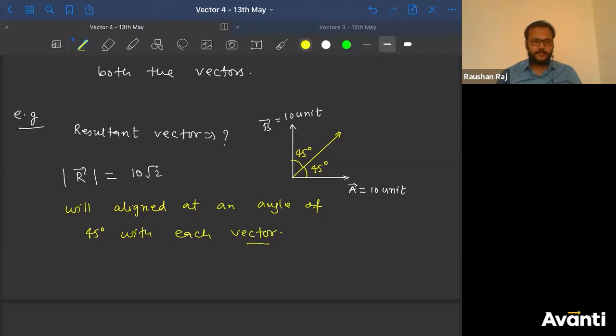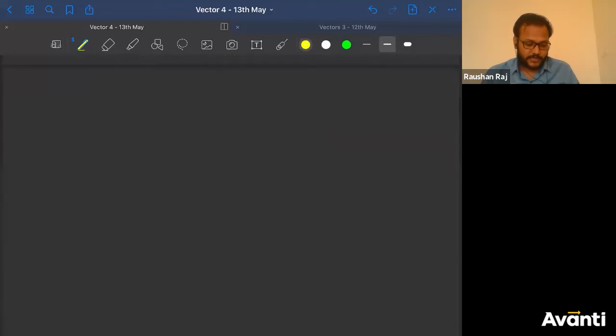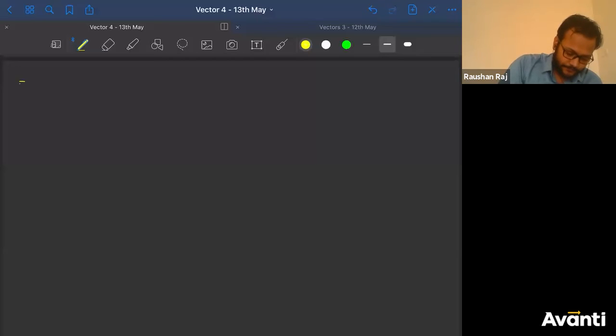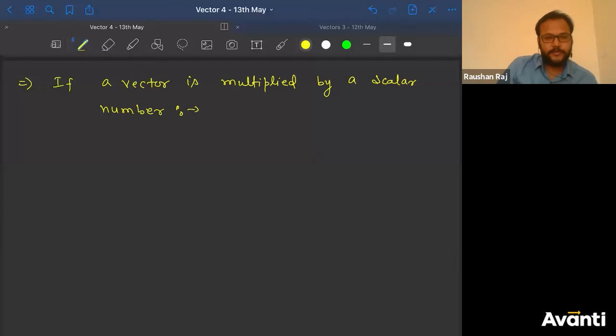ओके, so this is what we have to study in addition of vector. अभी थोड़ा सा बात करेंगे थोड़ा नया चीज की. नया चीज क्या है? If a vector is multiplied by a scalar number, then what will happen?